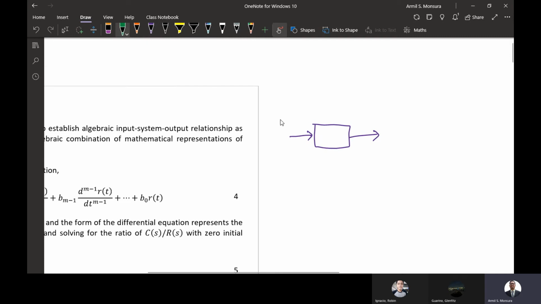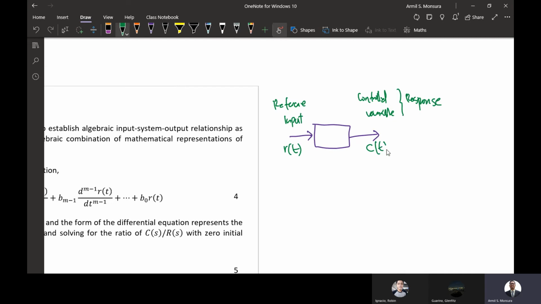So, you have your input signal or tawag natin reference input, R of t. And then, yung inyong control variable. Or essentially, yung inyong response. Okay?